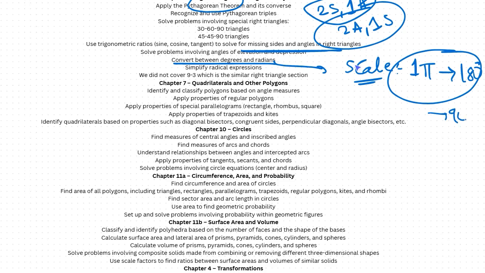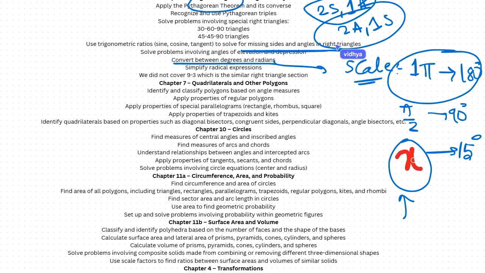So how much will be 90 degrees? Half a pi, pi by 2. So if they say random degrees like 15 degrees, how much is that in radians? How do you find that?